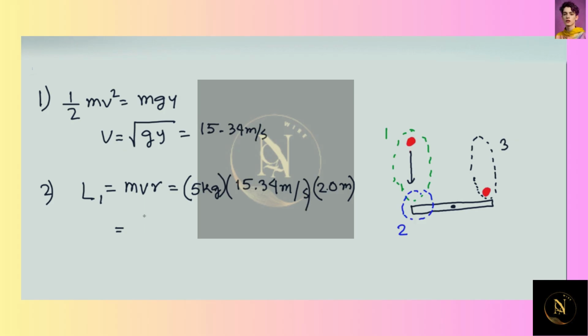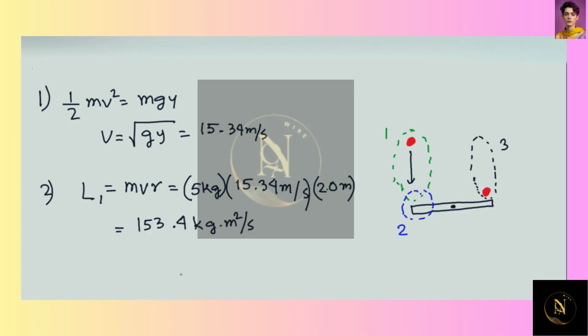So L1, the angular momentum before collision, is 153.4 kg meter squared per second.